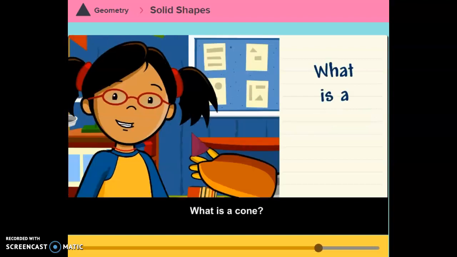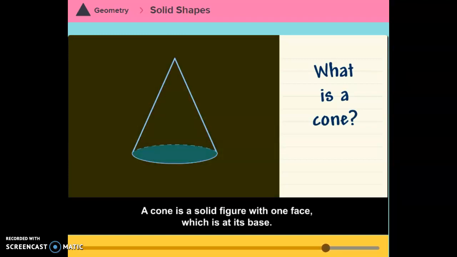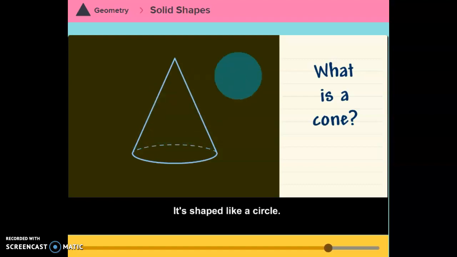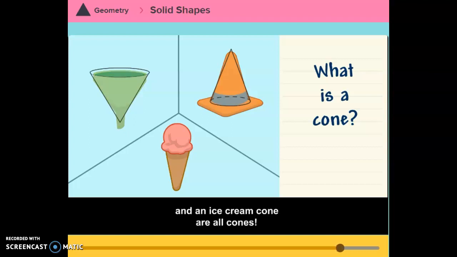What is a cone? The cone is a solid figure with one face, which is at its base. It's shaped like a circle. It has one point and a curved surface. A funnel, a traffic cone, and an ice cream cone are all cones.